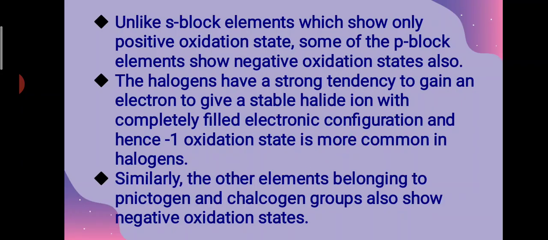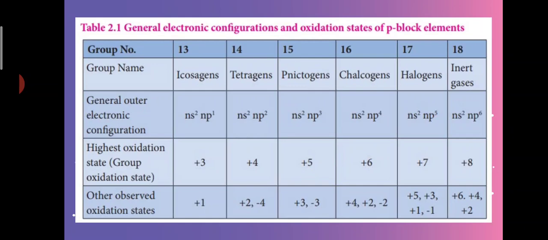So what they are saying here in the last point is that the pnictogens and chalcogens show negative oxidation state, which means the 15th and 16th groups also show negative oxidation state. The 17th group completely shows negative oxidation state.